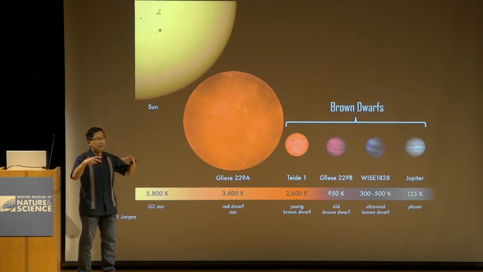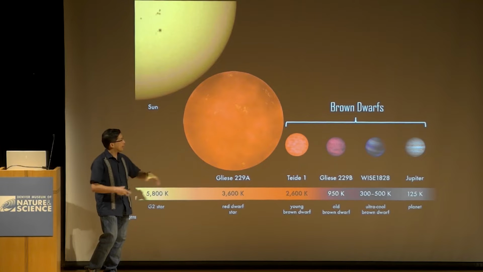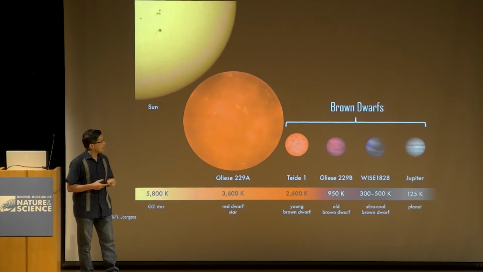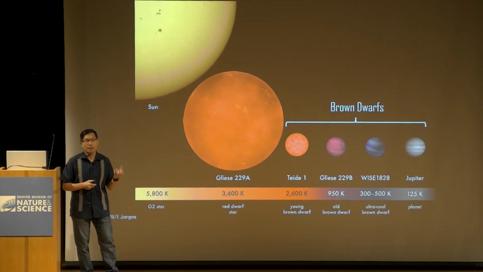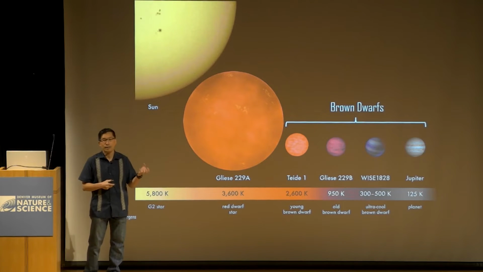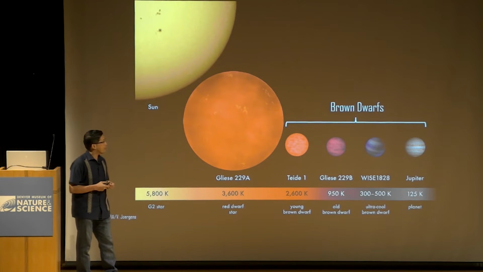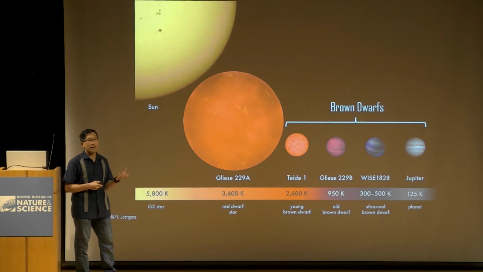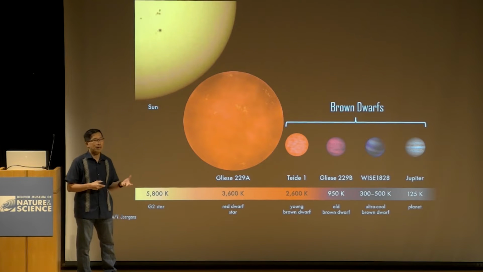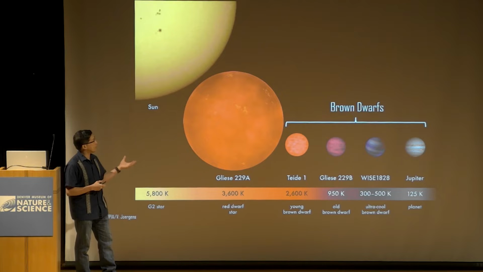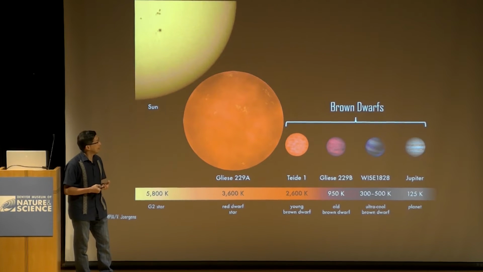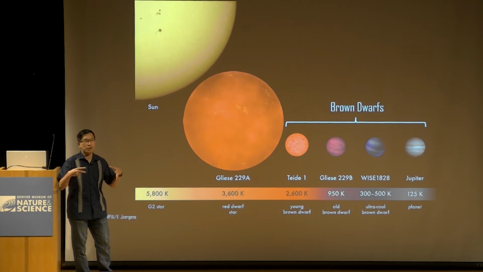Then, as they collapse into their spherical shapes, these brown dwarfs will fuse deuterium at their centers because the pressure is high enough, and that keeps them somewhat heated, but it's not enough to keep the energy production going so that they would ignite to fuse regular hydrogen. And so over time, the brown dwarfs will just slowly cool and get darker and darker.